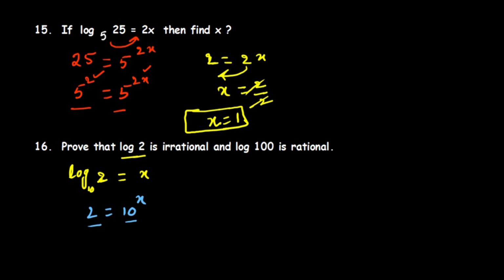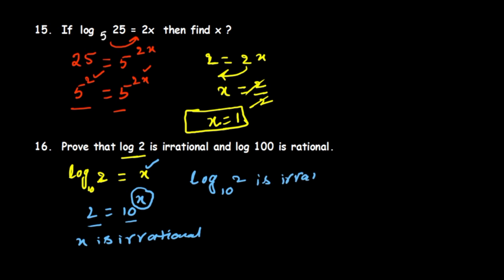So there is no rational number to satisfy this condition, so we take x is irrational. That means log 2 base 10 is irrational. Got it?